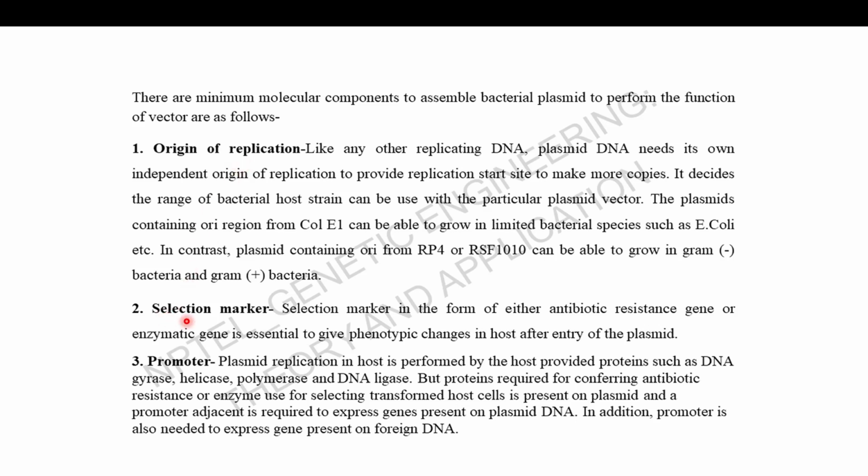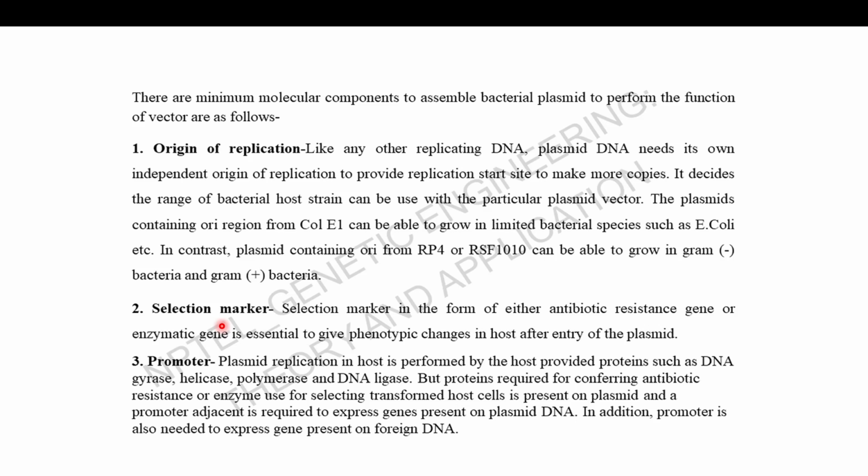And then it should have a selection marker. Mostly these plasmids possess antibiotic resistance genes. If this particular plasmid gets inside a foreign cell, how do we really know that the DNA has been taken up by the cell?